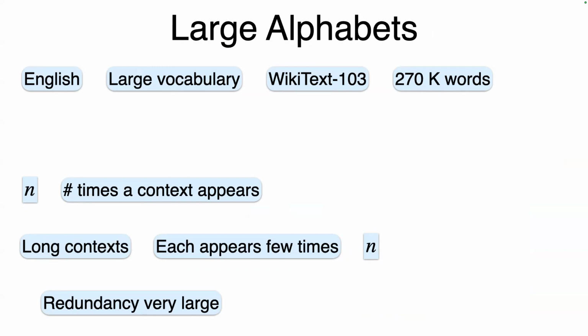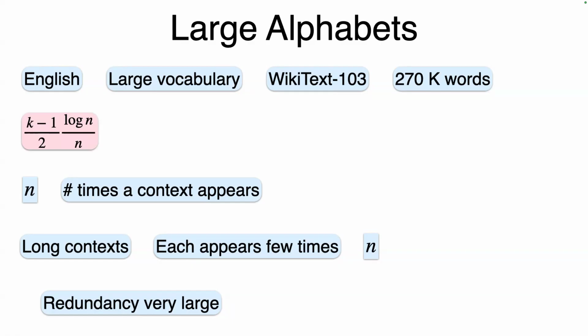Right. So this slide is not complete, but this is a small plug for previous work. If you look at English, you have a very large vocabulary. For example, for the wiki text that we work on, the vocabulary size is 270,000.